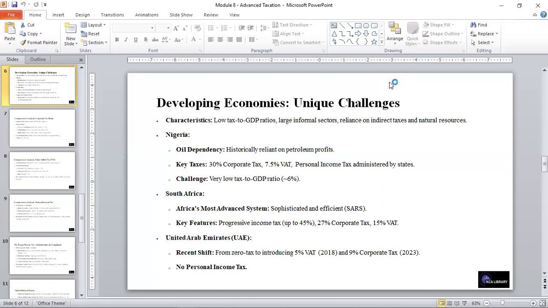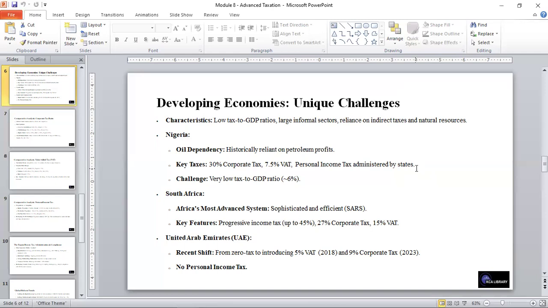Historically, it relies on petroleum profit, and key taxes include the 30% corporate tax, 7.5% VAT, and personal income tax administered by states. The challenge is a very low tax-to-GDP ratio of approximately 6%.